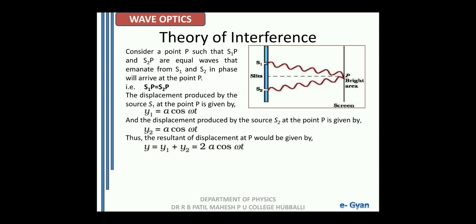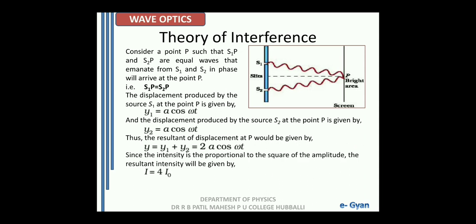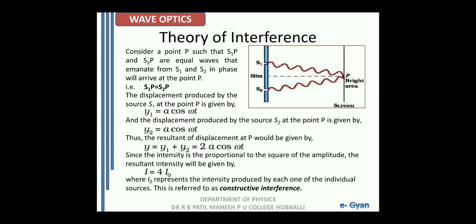The amplitude of the resultant wave gets doubled. Since the intensity is proportional to the square of the amplitude, the resultant intensity is I = 4 I0, where I0 represents the intensity produced by each of the individual sources. Since the two waves superpose constructively, this is referred to as constructive interference.